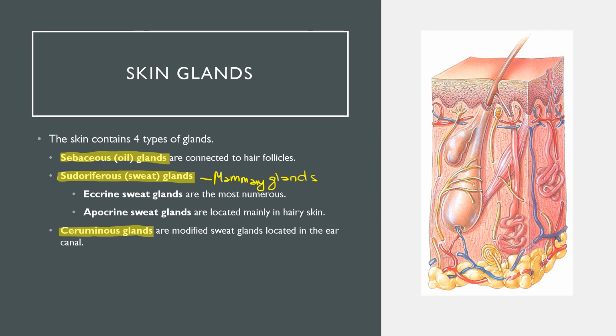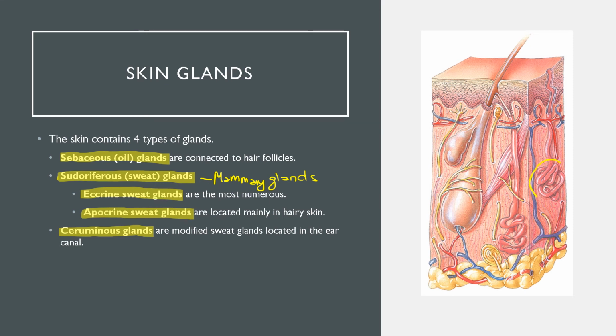Now, they're divided into two different types. These are eccrine sweat glands and apocrine sweat glands. Eccrine sweat glands are the most numerous, and they are simple coiled tubular glands that are distributed on most areas of the body, except for a couple places like the lips, nail beds, toes, eardrums, and genitals.